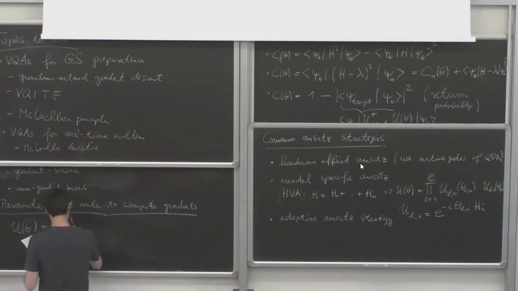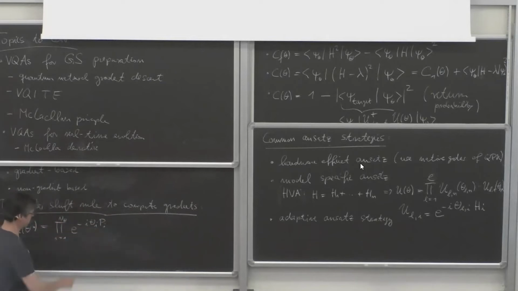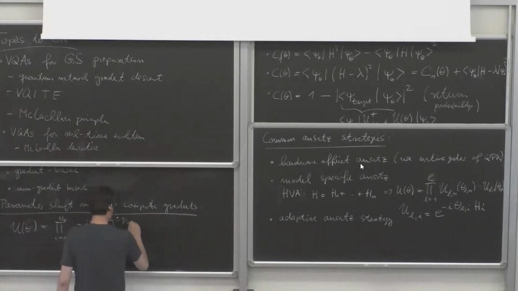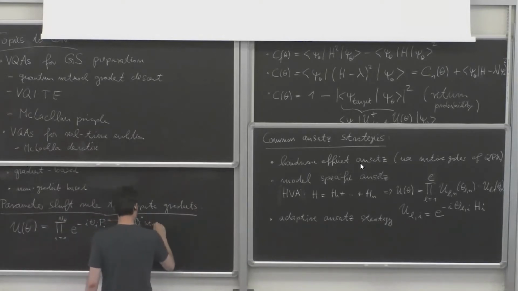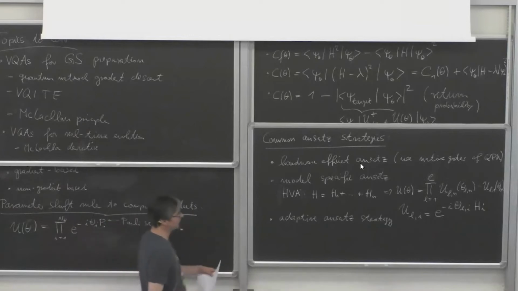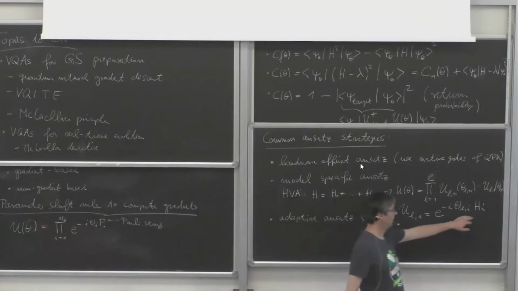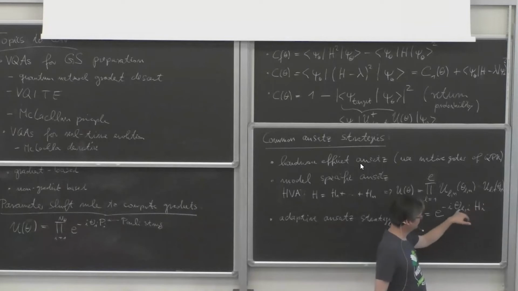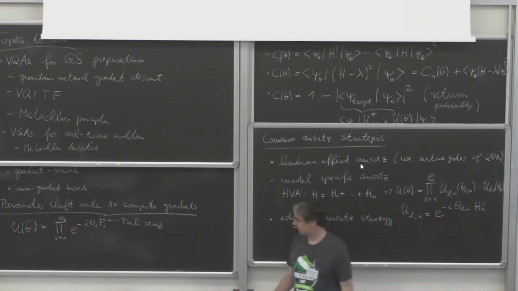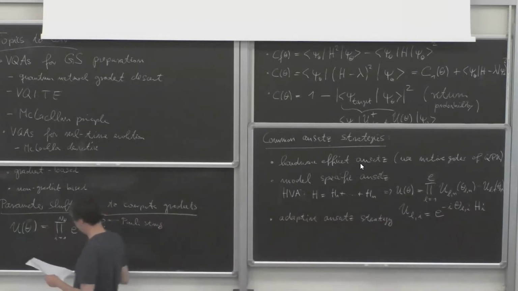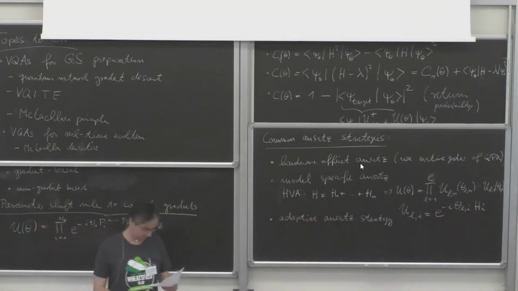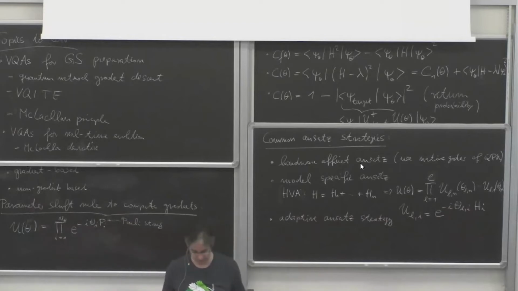Which are products of e to the minus i theta_i P_i, where P_i is a Pauli string. And the HVA falls into that class if you write H_i as a sum of Paulis, and then here we're choosing the same parameter for many different Paulis potentially, but you don't have to. But yeah, that would be the class where I confine myself. In principle, this can be relaxed to any Hermitian operator with just 2 eigenvalues.